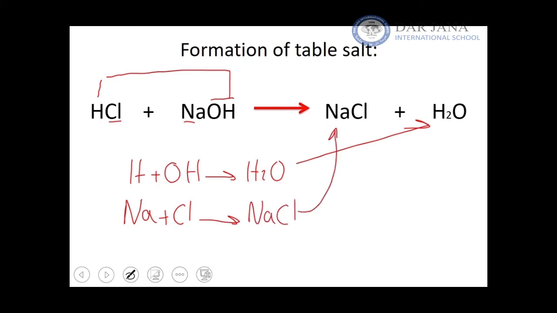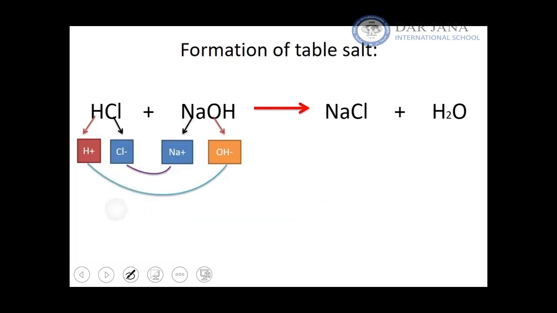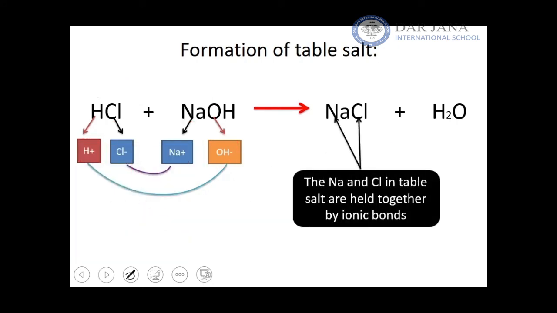H+ because it's an acid, so it releases hydrogen ions. OH- because it's a base, it releases hydroxide ions, so they combine together, and the chlorine will combine with the sodium. So the result will be sodium chloride, table salt, plus water.